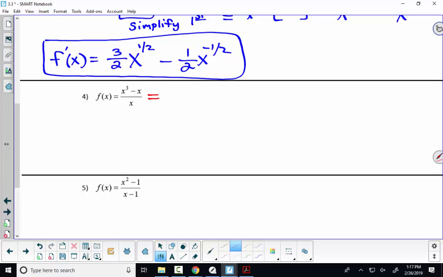So we're going to simplify f of x as x squared minus 1, and then we're going to take the derivative of that. Remember the alternative notation of f prime: we could write that as d over dx, which means take the derivative of this function.